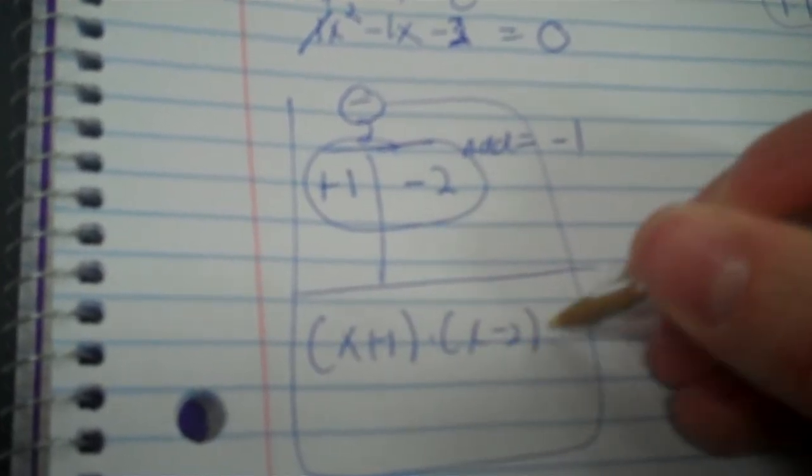A is a 1, so you don't have to worry about that. So you got x plus 1 times x minus 2 equals 0. So minus 1, you get -1, plus 2, you get 2. Okay, so x equals -1, 2.